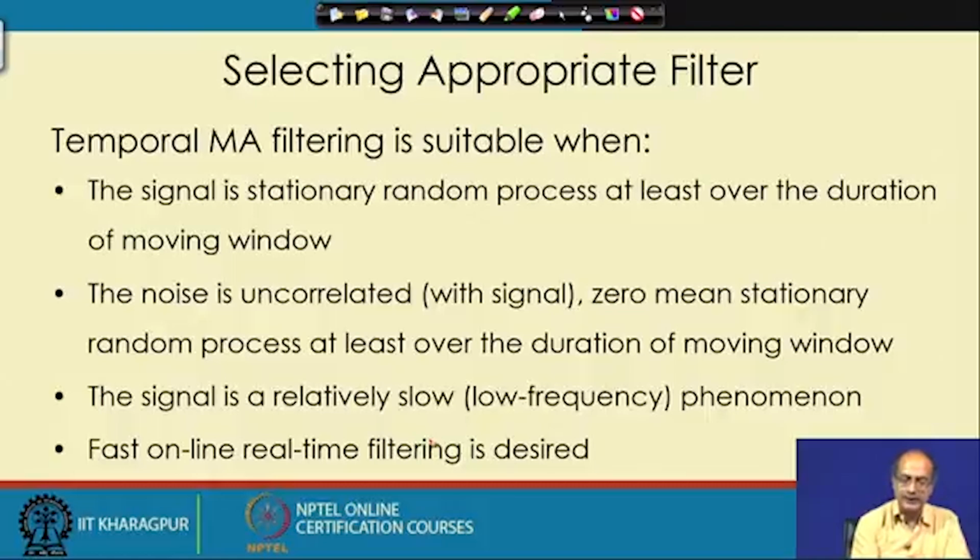Okay. As averaging is a low pass filtering operation, the noise is eliminated by that averaging, or the implicit low pass filtering.